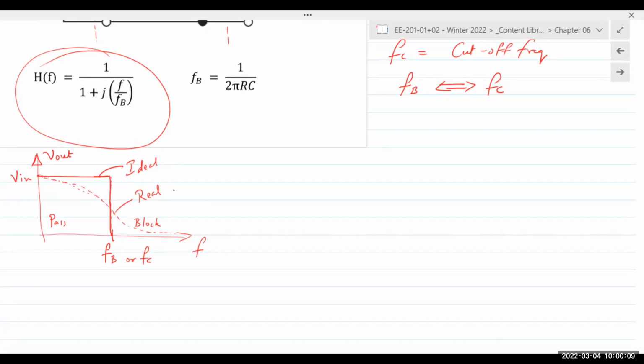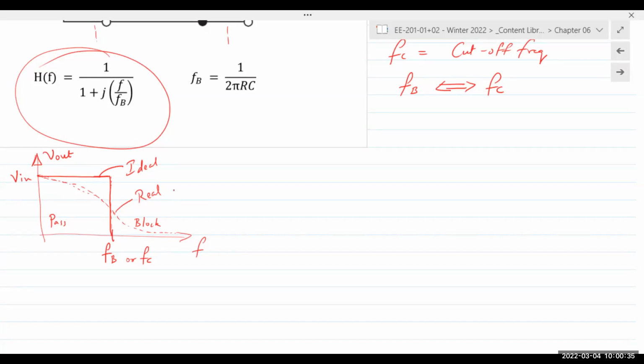Okay, there's a slope. Because it is a gentle slope, where is the transition point? We don't know where the transition point is, right? The transition point can be given by that equation right there, F over FB. So here, the value of V out is going to drop to 70% of V in.